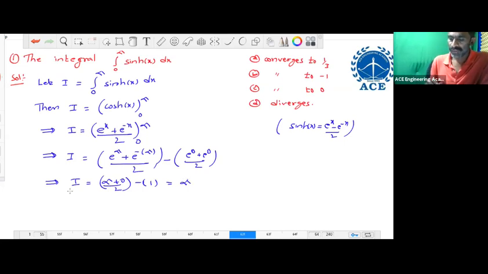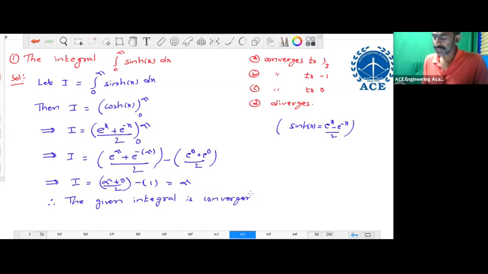So finally, the evaluation is completed. At the end of evaluation, the value of the integral is infinite. Therefore, the given integral is convergent, or we can write it converges to infinity. Sorry, not convergent, it is divergent.